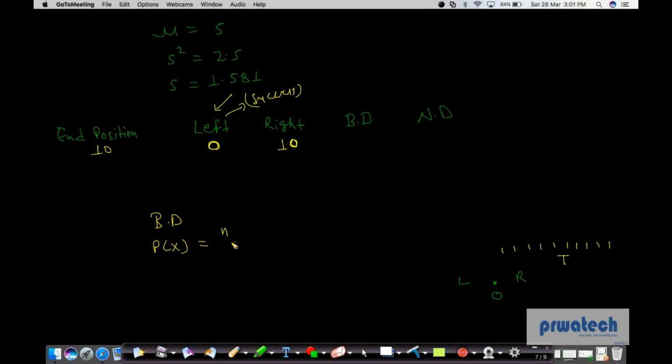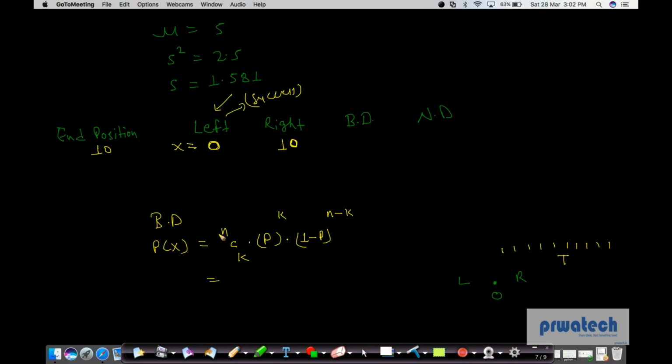So nCk, n choose k, into p, which is left, the probability of success, to the power k, into 1 minus p, not success, as in tail. If I subtract total number of successes from total number of trials, then this is the not-success probability. I'm considering x equal to 0.